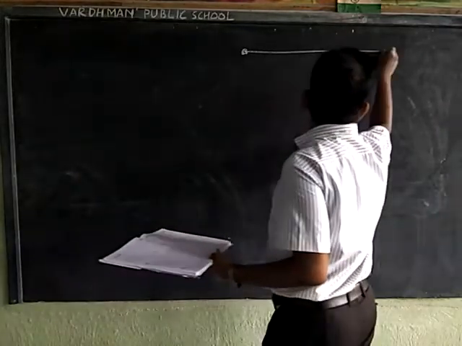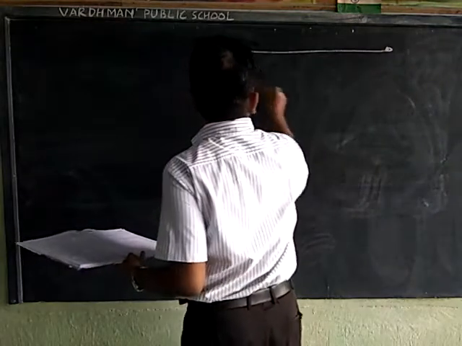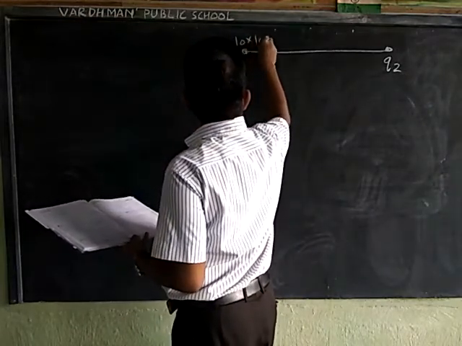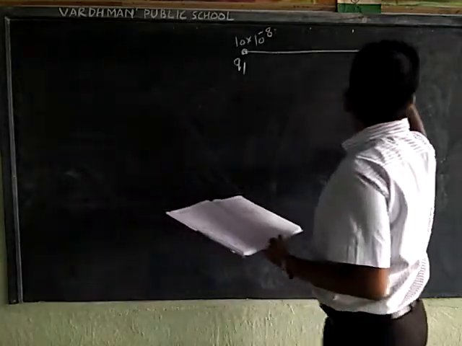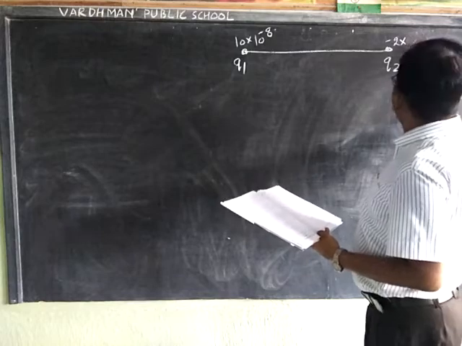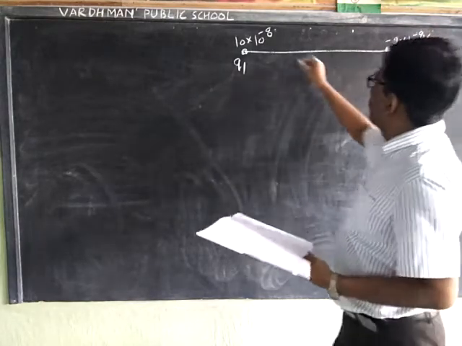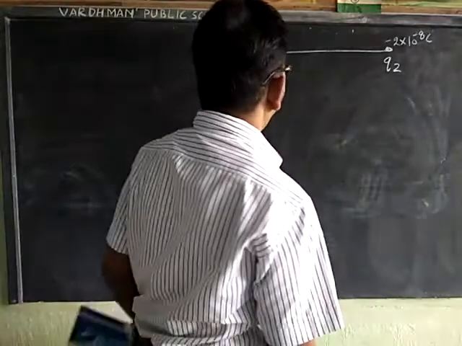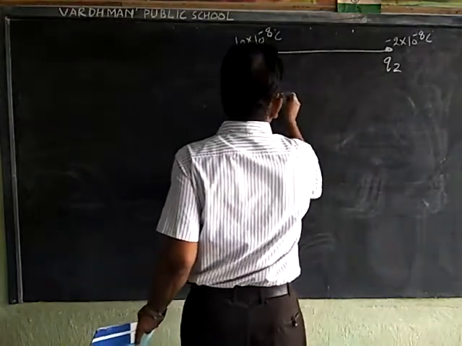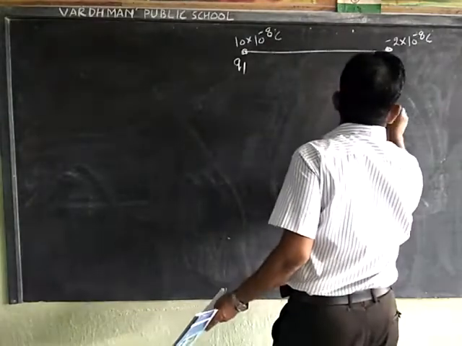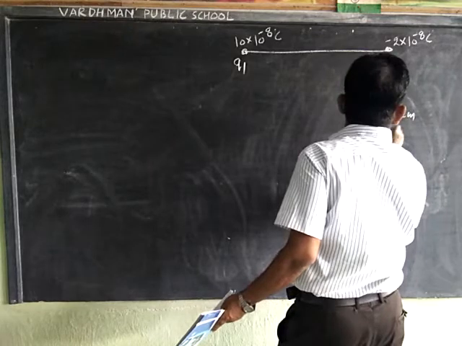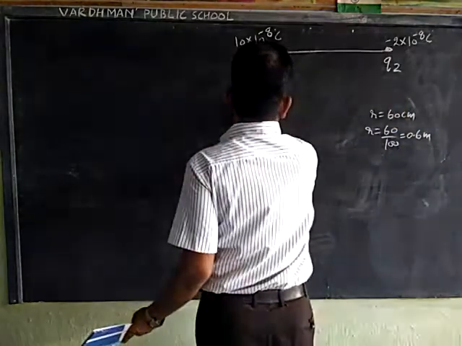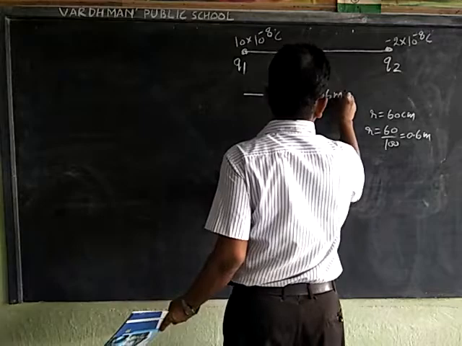Suppose this is charge Q1 and this is charge Q2. Let R is equal to 60 centimeter, that is R is equal to 60 upon 100, 0.6 meter. The distance between them is 0.6 meter.